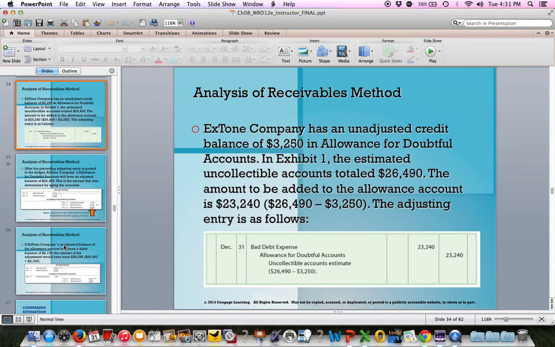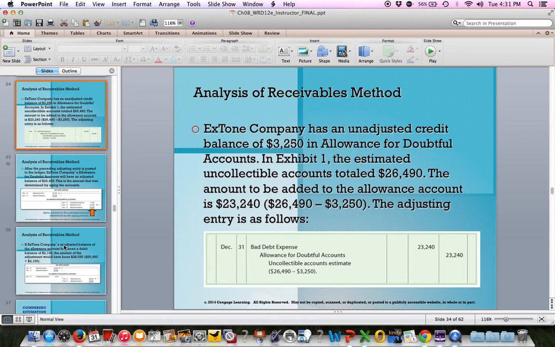So we came up with the balance should be 26,490. My aging came up with 26,490, and I look at what's currently in my allowance account. It's 3,250. But I'm saying the new balance should be 26,490, not 26,490 plus 3,250. So because I want my balance to be 26,490, I have to subtract what's already there, the 3,250.